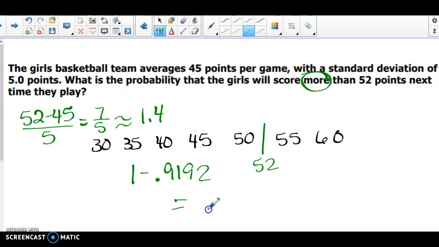And that gives me 0.0808, sorry. So if I move that over 2 decimal places, that's going to give me 0.081. Okay.